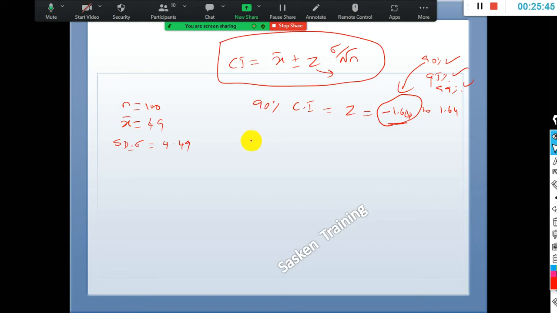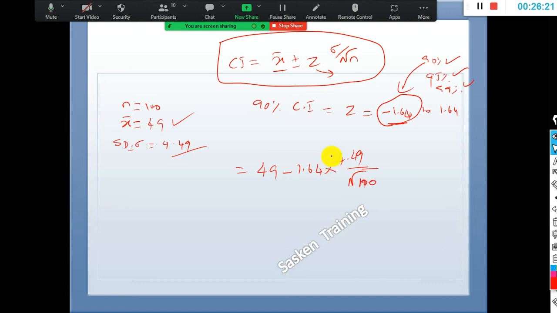Now we know the formula, and if you plug in the values, you can get it. What is my sample mean here? x bar is 49, and I need to find plus or minus. First, the lower bound: 49 minus 1.64 times 4.49, the population standard deviation, divided by the square root of the sample size 100, which is 10.